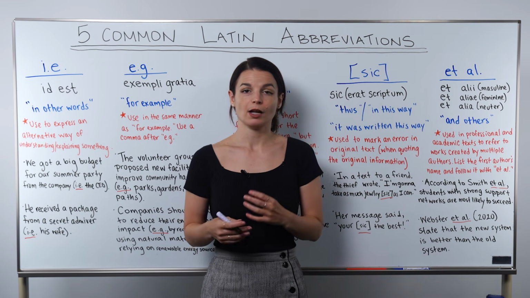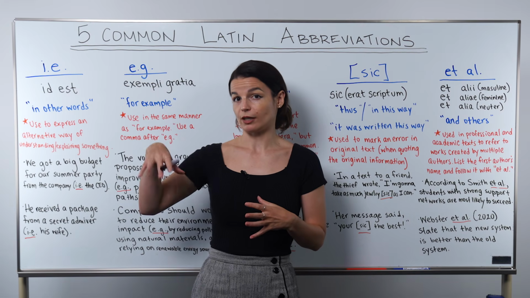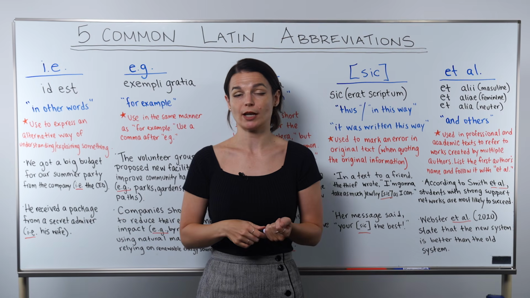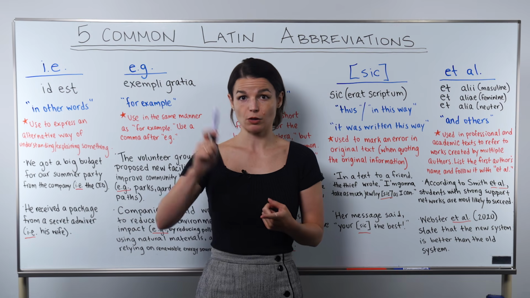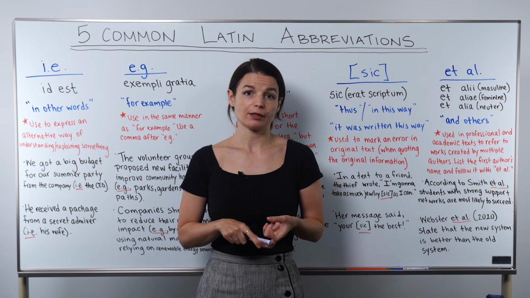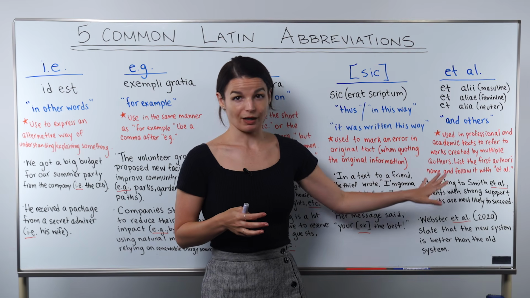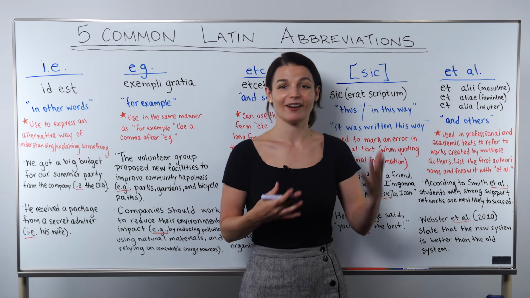So typically we see this used in situations where we have a long list of references. Again, this is typically not used in everyday communication, but if you use English in professional, academic, or research situations, you will definitely run into this. You will definitely see this. So it's good to keep in mind. So this et al. means and others.